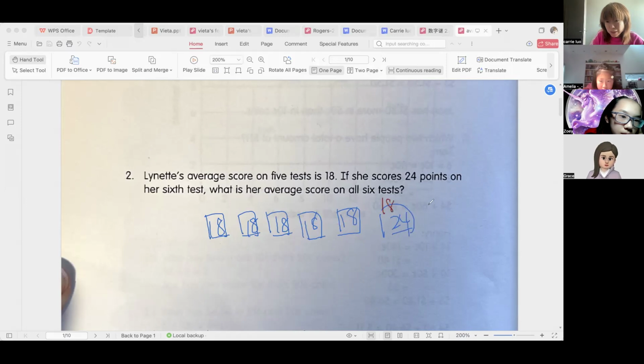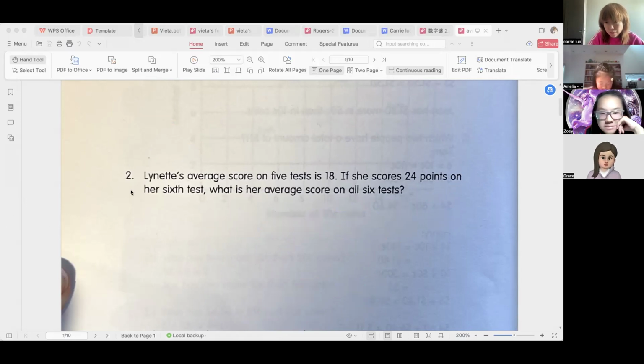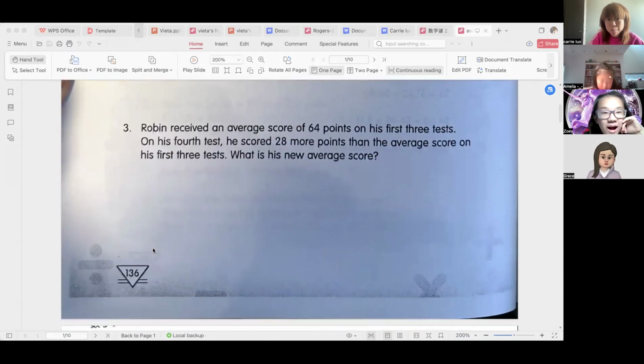So 24 minus 18 equals what? Equals 6. So there are 6 extra points. So you need to equally put it into each of the tests. So 18 plus 1 equals 19. Get it? So we're not only trying to get it right, we want to get it quick. So this is the way. Get it, Grace?